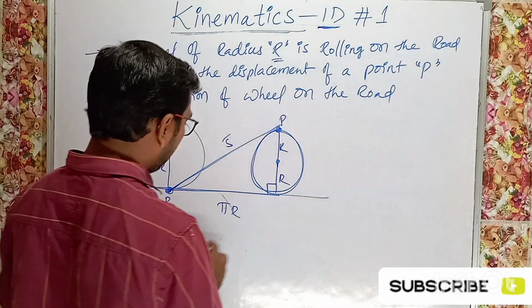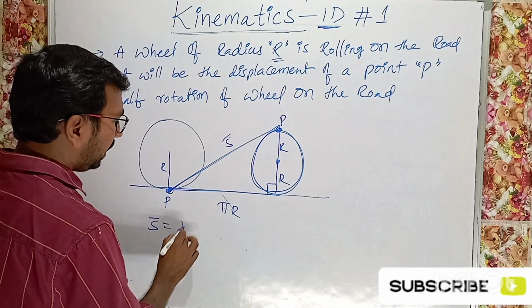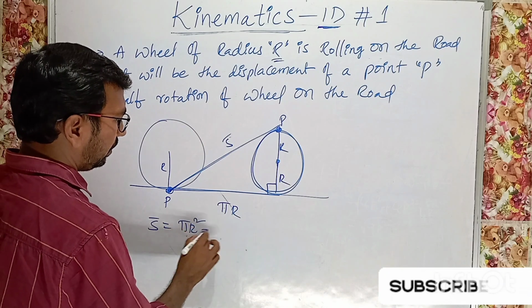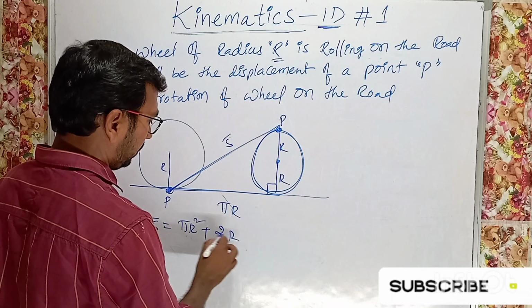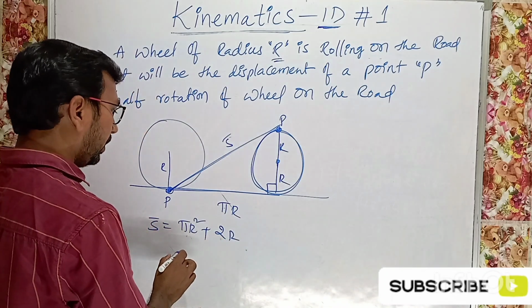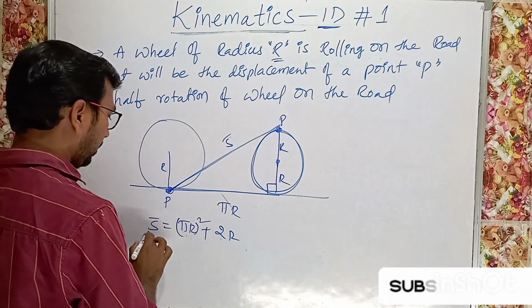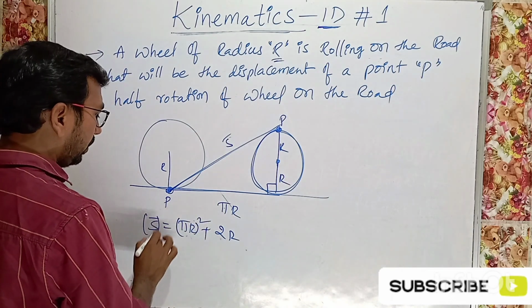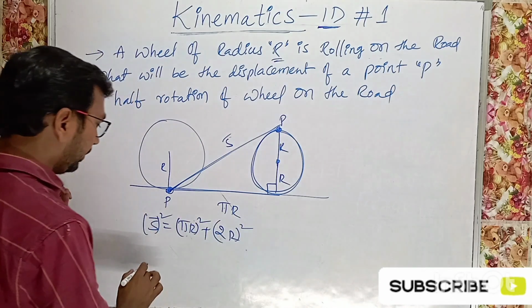So displacement squared is equal to (pi r) squared plus (2r) squared.